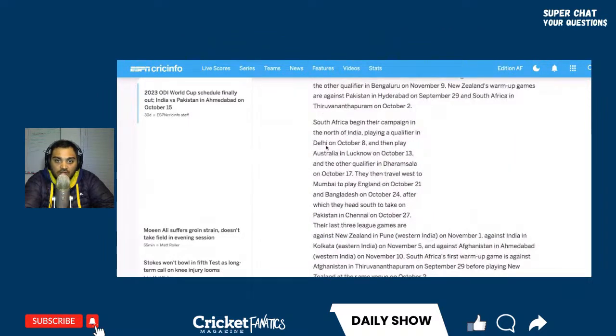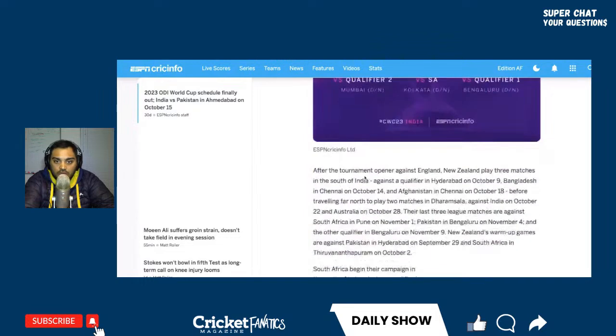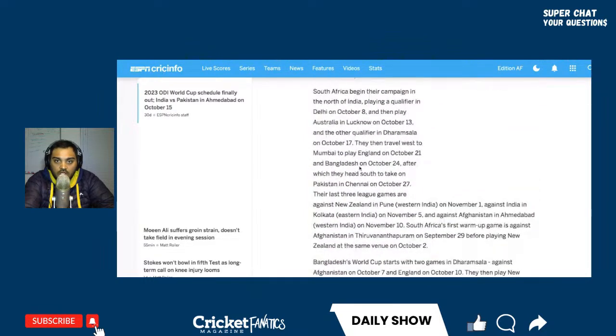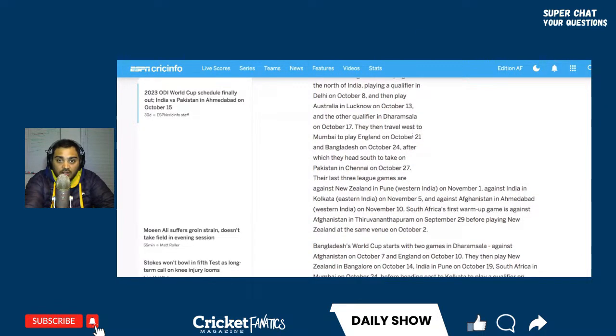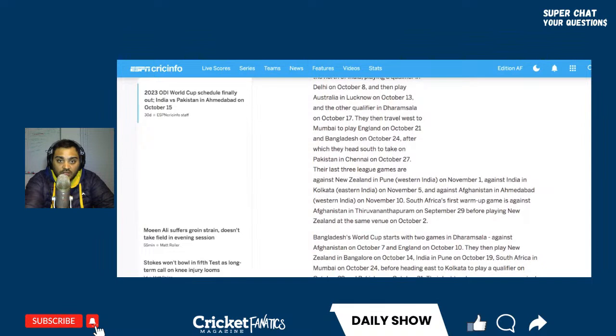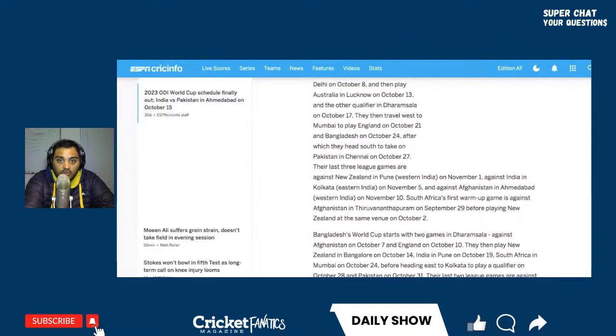South Africa begin their campaign in north of India, playing a qualifier in Delhi on October 8th, and then play Australia in Lucknow on October 13th. That means that there might be a change there. And the other qualifier in Dharamsala on October 17th. They then travel west to Mumbai to play England on October 21 and Bangladesh on October 24.